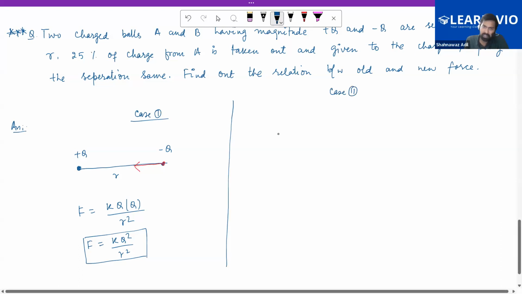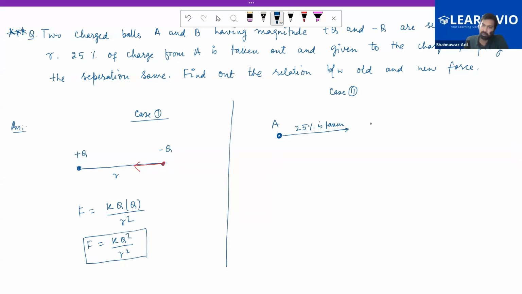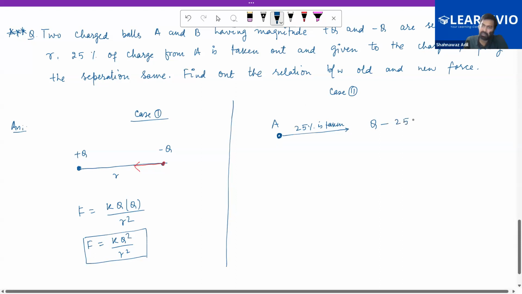So the second case is that this is some charge A and 25% is taken. So what would be this charge? This would be Q minus 25% of Q. That would be the charge on A, right?